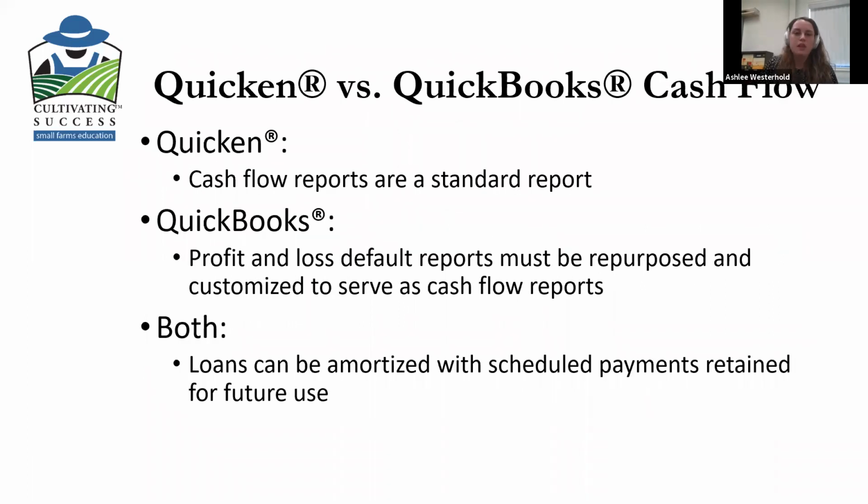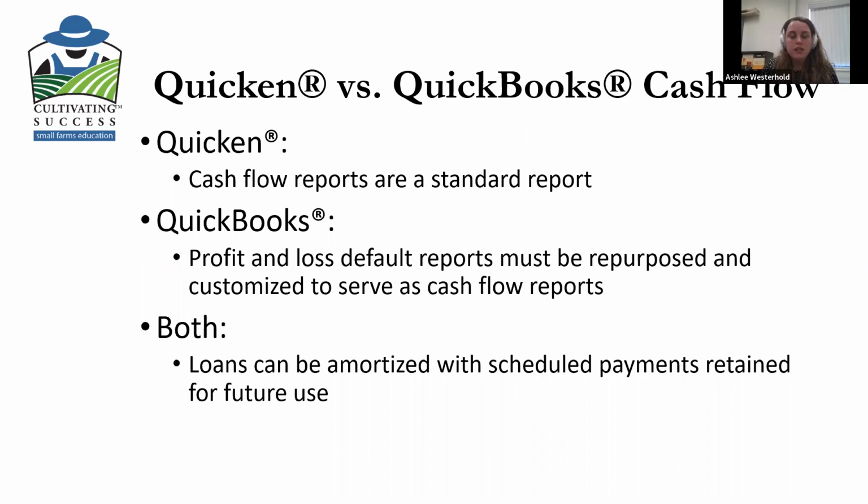So Quicken and QuickBooks cash flow. Well, in Quicken, cash flow reports are a standard report. Again, that's why the income statement looks a lot like the cash flow in Quicken, because Quicken is always working on that cash flow, and it is one of the standard reports.